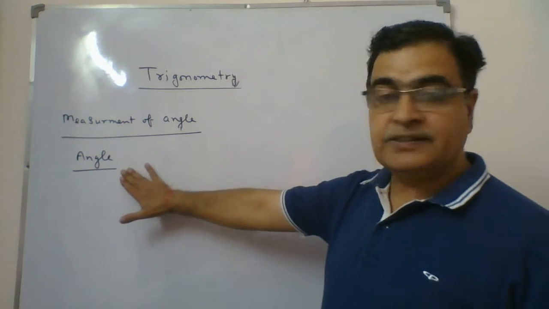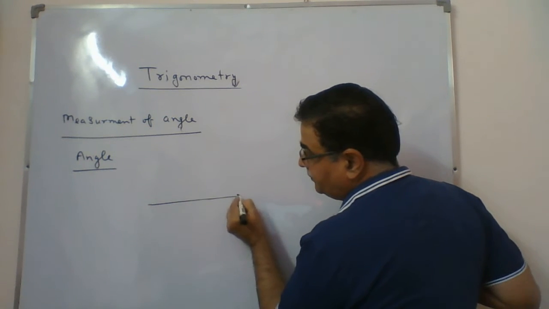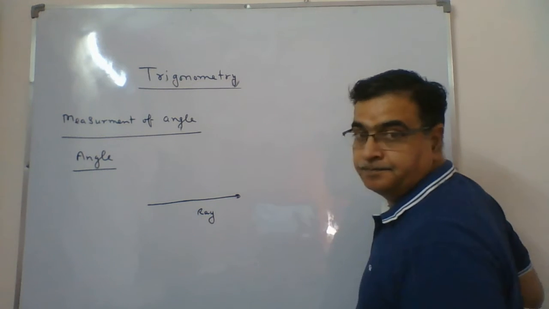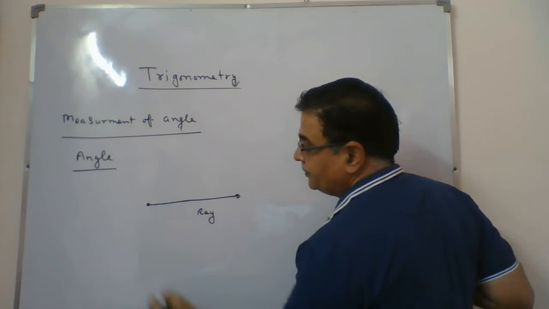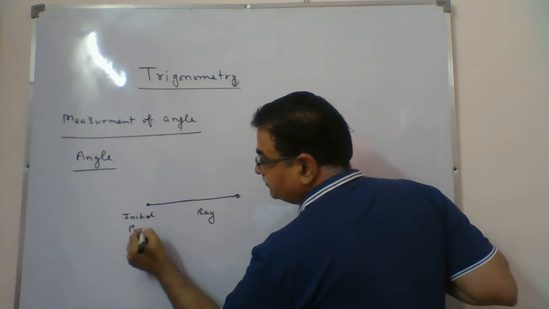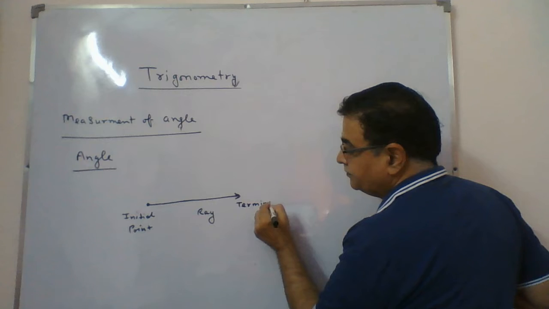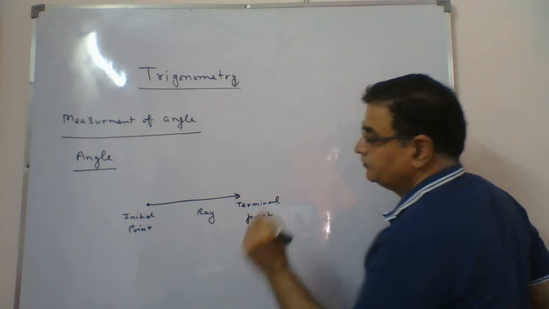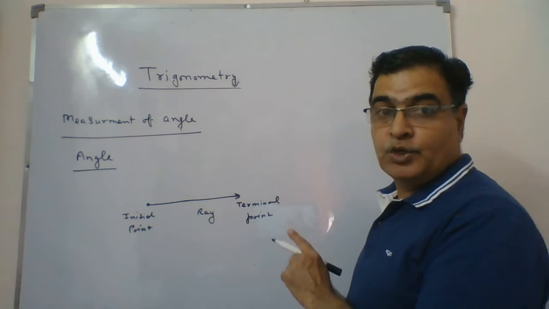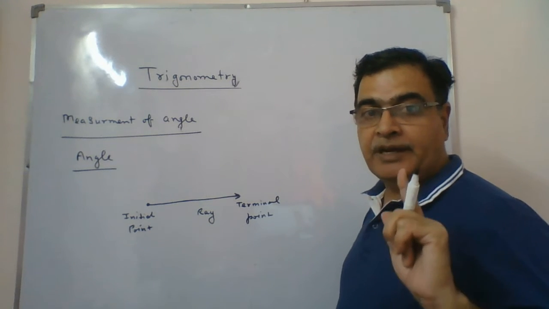So in this case, first is the angle. First you should make it clear what an angle is. Let this be one ray we have. This is your initial point, and this is your terminal point. If I rotate this ray, the rotation can be done in two ways.